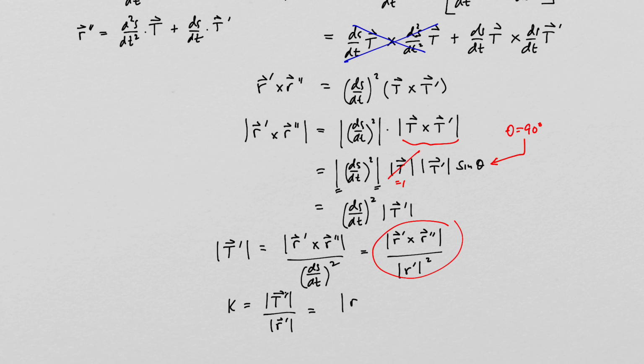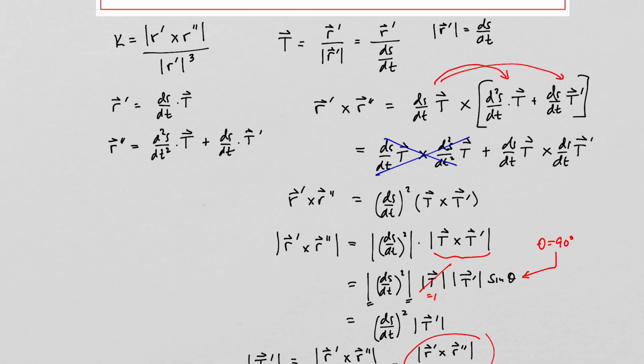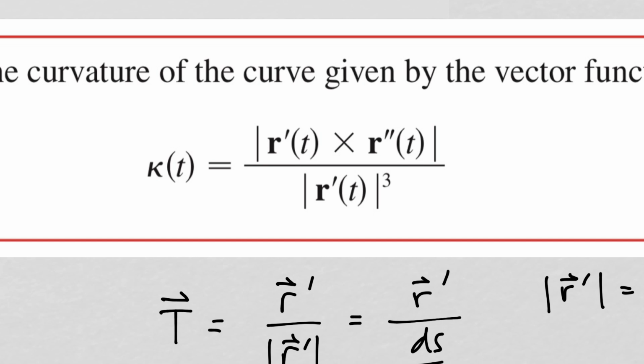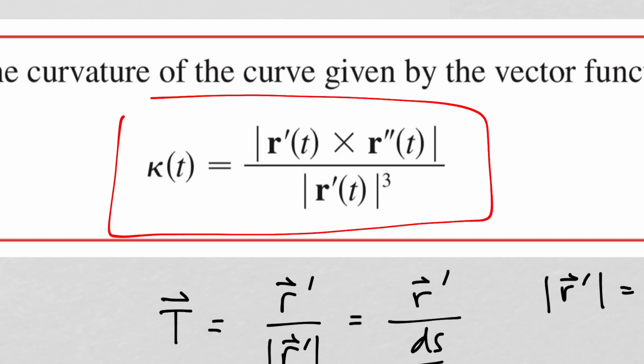And so this is the magnitude of r prime crossed with r double prime divided by the magnitude of r prime squared, and then divided by the magnitude of r prime again, and this gives us the magnitude of r prime cubed in the bottom. And that proves this new curvature formula, which in all honesty is going to be the formula that you use.